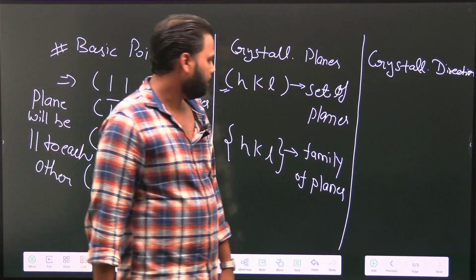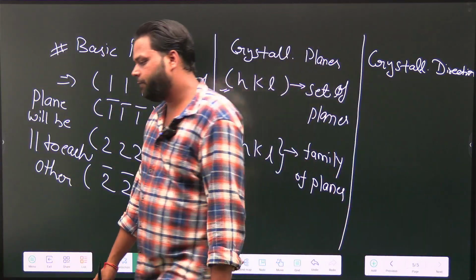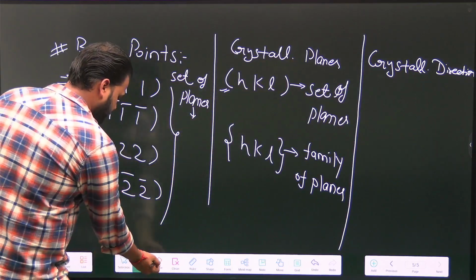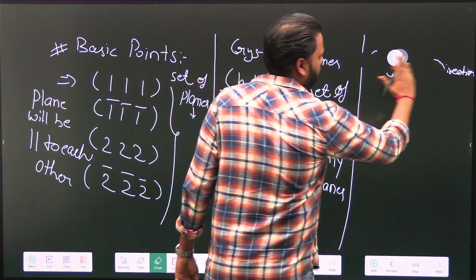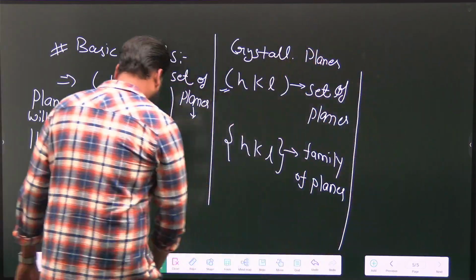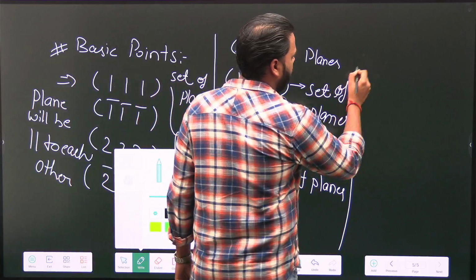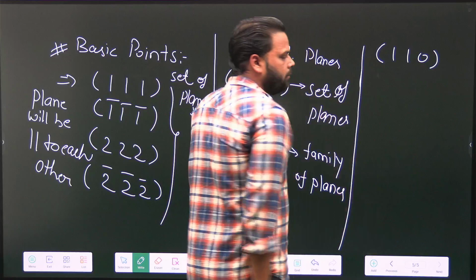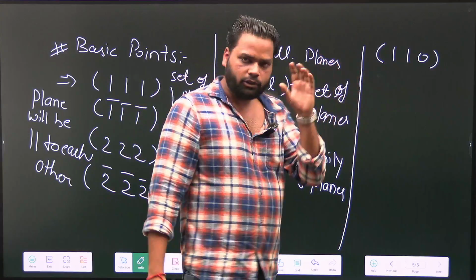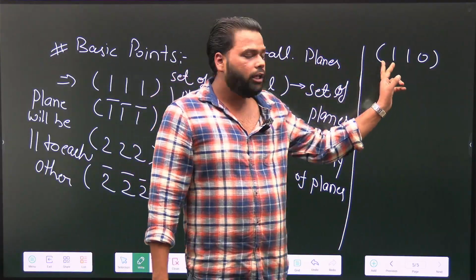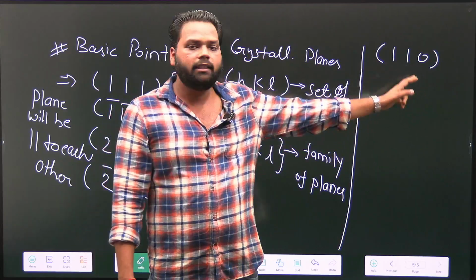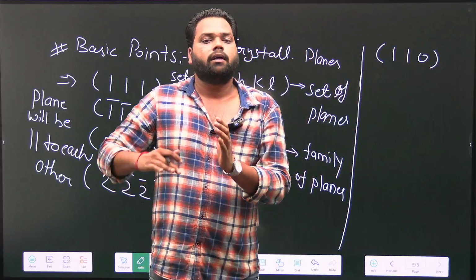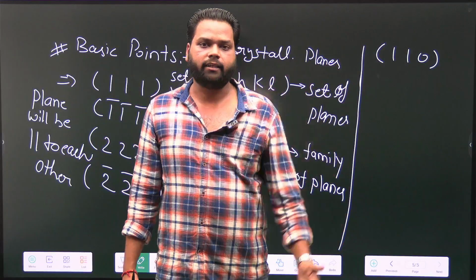Okay, but if we talk about the family of planes, let's suppose we have one Miller indices as 1 1 0. Including all these three integers, इन तीनों इंटीजर का यूज करके जितने भी कॉम्बिनेशन बन सकते हैं in the positive and also in the negative direction.